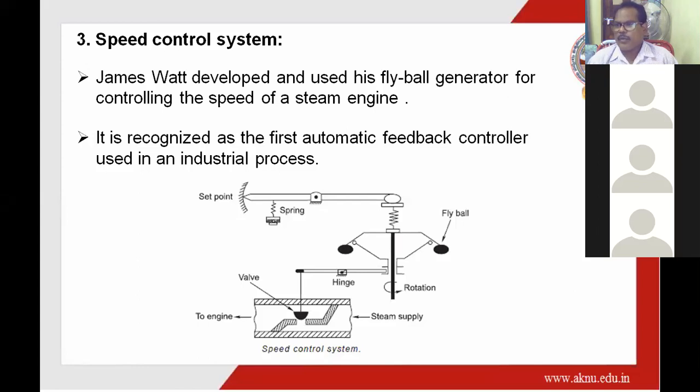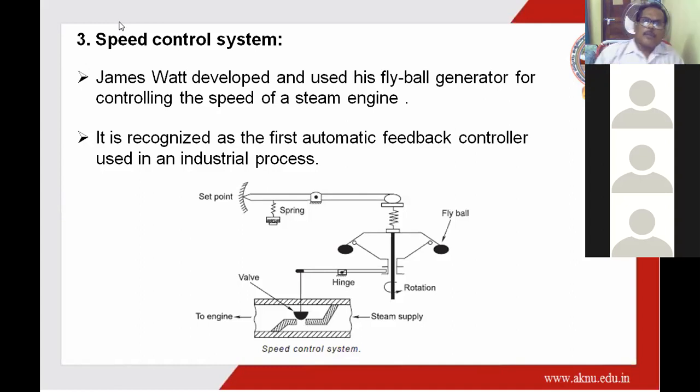So simply it is an open loop. Sometimes vehicles are set with speed limits with the help of sensors. If the speed is over the limit, the sensor senses it and gives a caution to the driver. So automatically the speed of the vehicle is controlled. That is nothing but a closed loop system with the help of sensors.